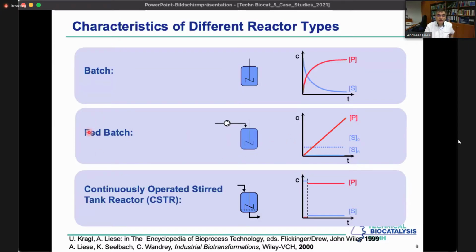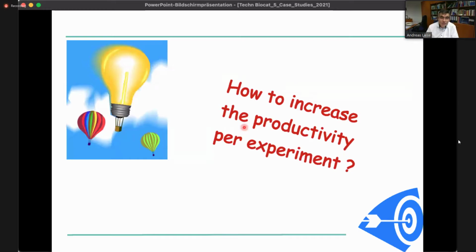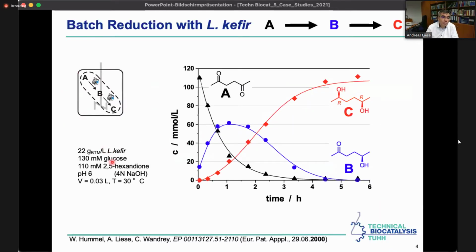So the reactor we just had, where we just have a constant stream of glucose and hexanedione added to the reactor. Okay.